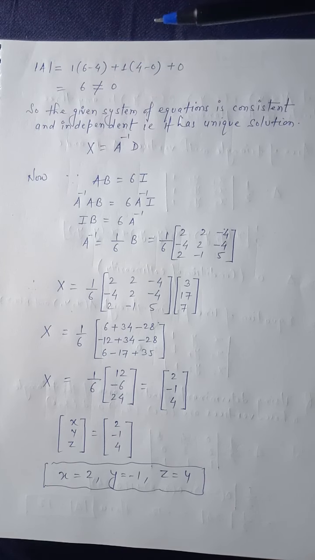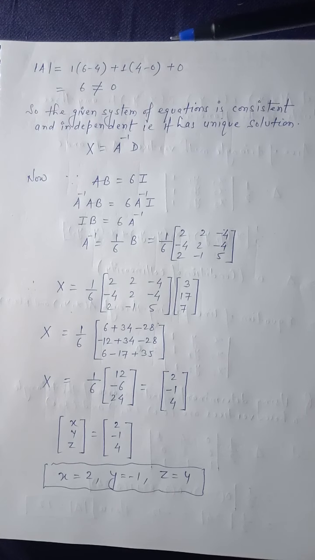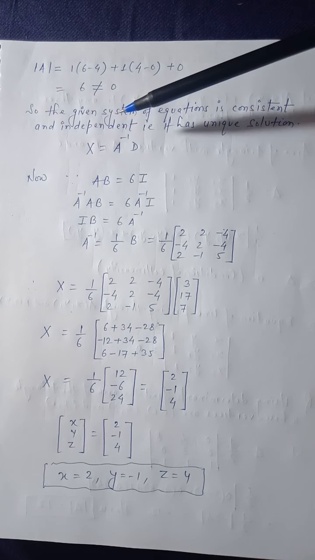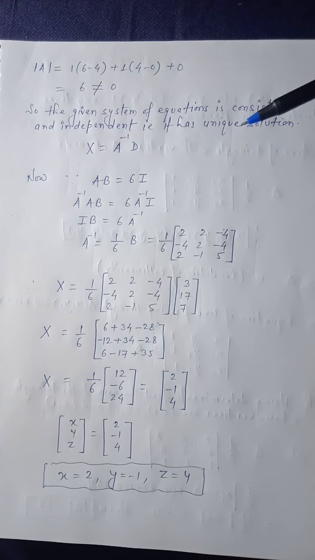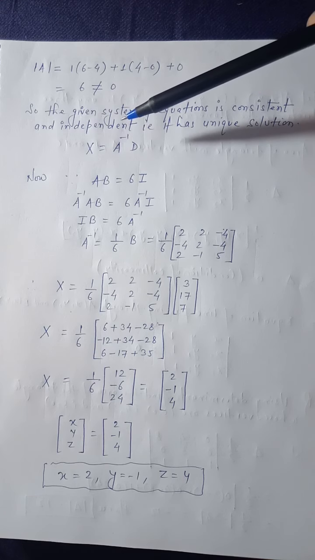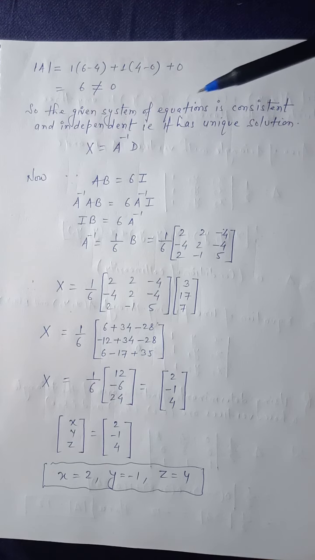So in this case the given system of equations is consistent, because the determinant of A is non-zero. And when the system is consistent, it will be independent also, that is, it has a unique solution. We have already discussed in the previous lecture that when the solution is unique, the system of equations is consistent and independent, and when the solution is infinite, the system is consistent but dependent. Here it is consistent and independent.